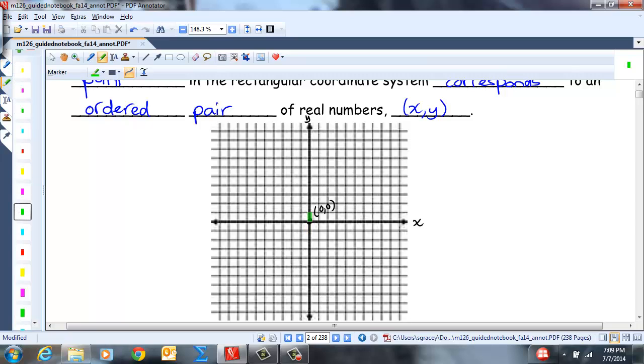I'll do this in green. Here we go. Okay, so far? All right. Now, you decide on the scale.